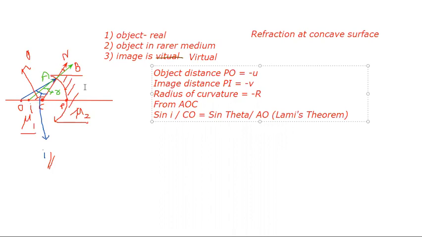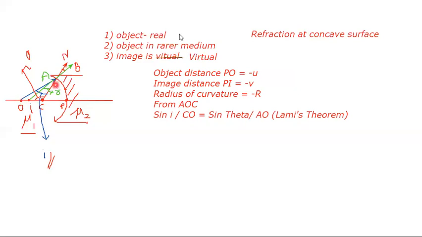Let me highlight the triangle. This is the triangle AOC, right? In this triangle, sine of this angle i will be divided by the side opposite to it, and it will be equal to sine of this angle theta divided by the side opposite to it, OA.